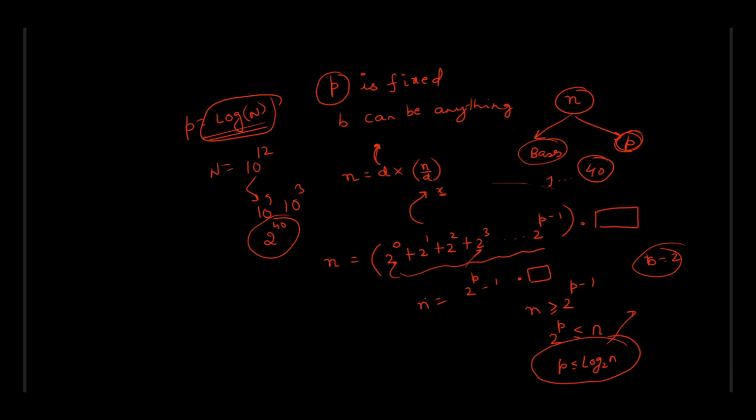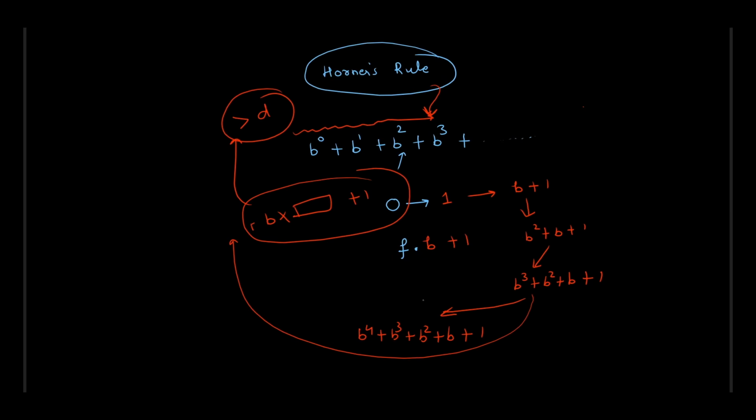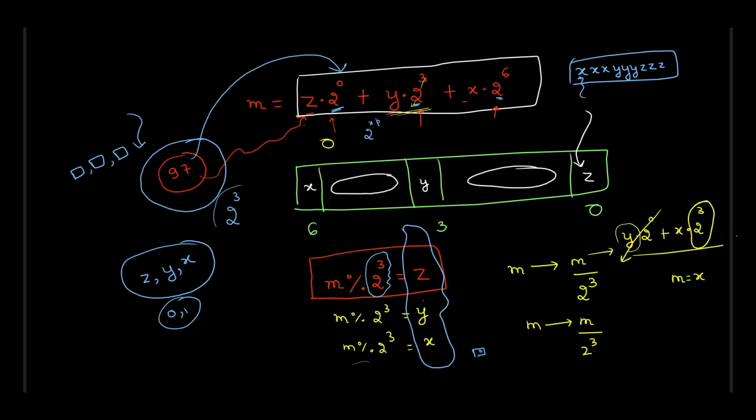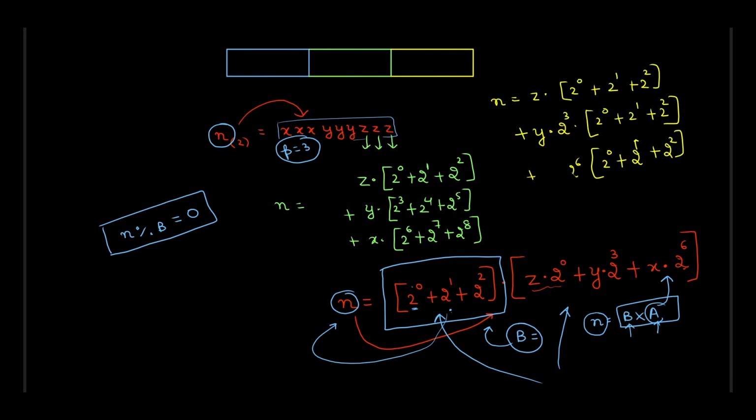But if you understood, I would say the key takeaways from this video should be to learn how to take any binary representation or a base b representation and convert those to arithmetic, how to deal with divisors, how to compute divisors in square root of n, how to iterate over divisors, and then how to extract out x, y, z. This is a very fancy trick.